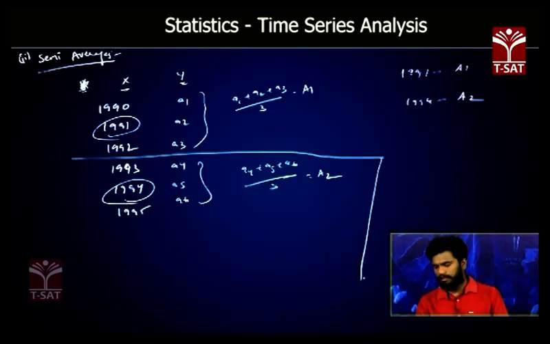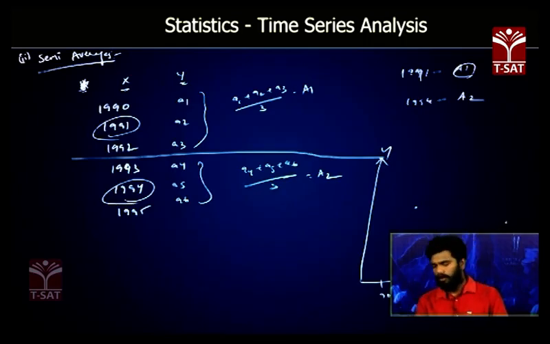I will just draw the graph, X, Y, with 90, 91, 92, 93, 94, 95. Now with respect to 1991, I will plot the A1 value. With respect to 1994, I will plot the A2 value here.